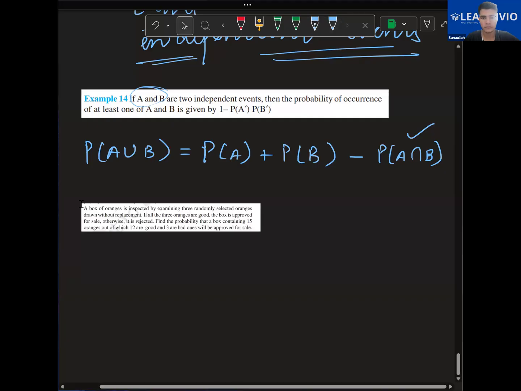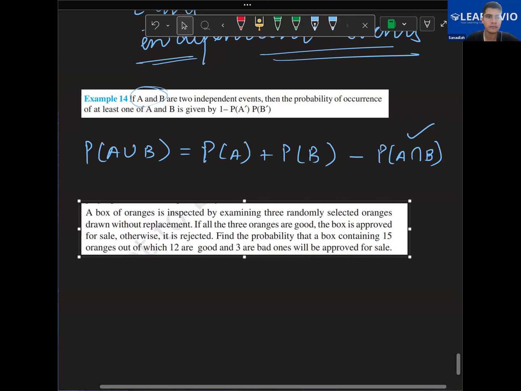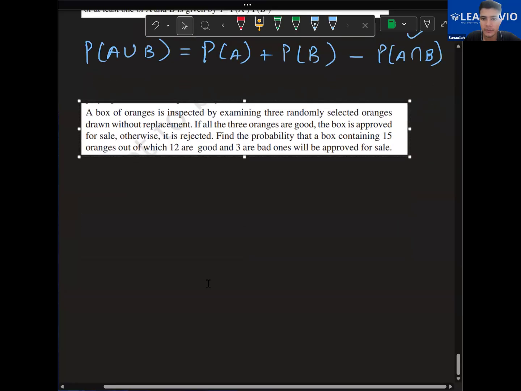Solve this one. A box of oranges is inspected by examining three randomly selected oranges drawn without replacement.